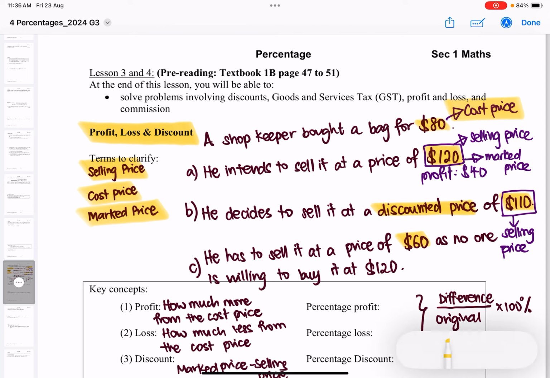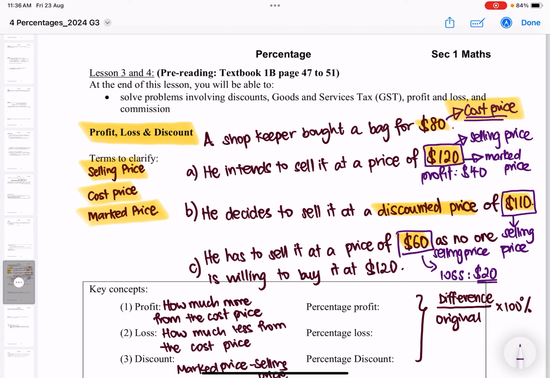So this means he is going to make a loss of $20. Okay, so in this context, of course, this is the selling price, and because the cost price was originally $80, he is going to make a loss of $20.